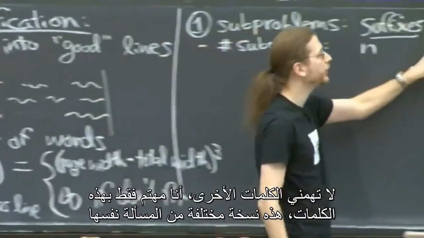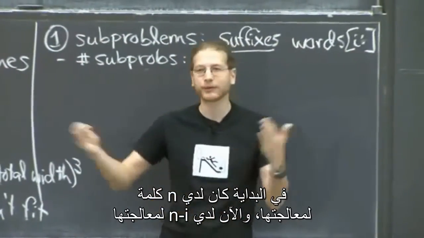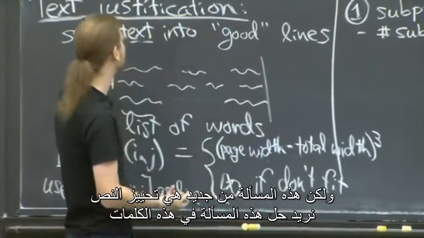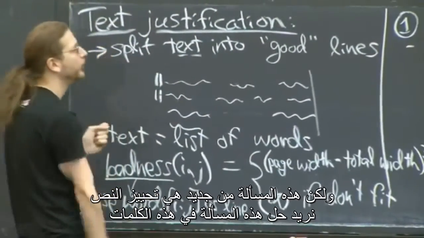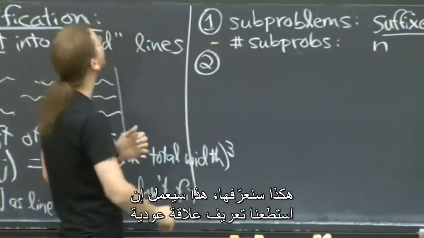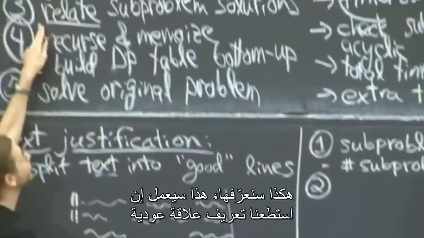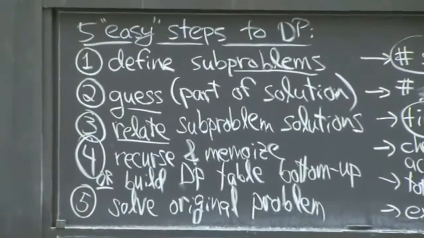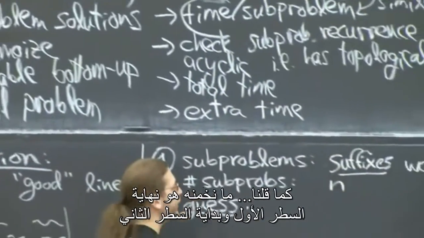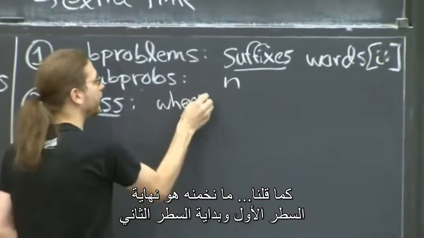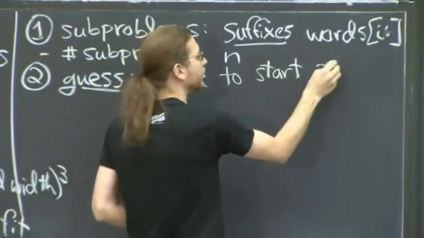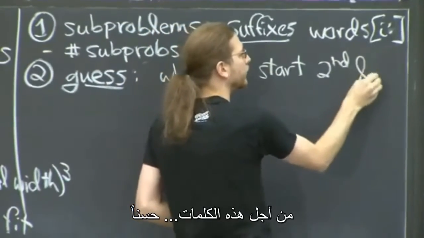So this is a different version of the same problem. Initially, we have n words to do. Now I have n minus i words to do. But it's, again, text justification. I want to solve this problem on those words. That's just how I'm going to define it. This will work if I can specify a recurrence relation. As we said, what we guess is where to break the first line, where to start the second line for those words.